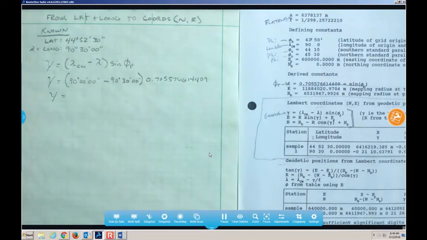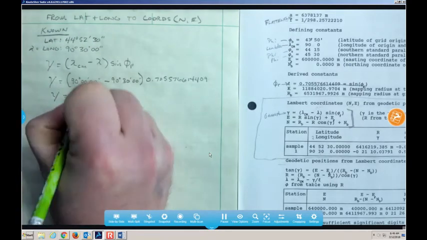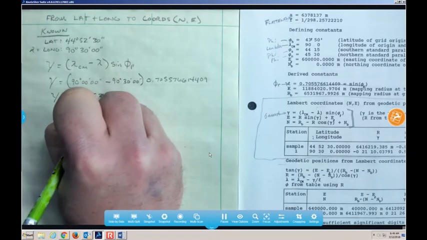Do we keep it negative? Yes, keep it negative. If the answer comes out negative, you keep it negative. You preserve the sign. So whoever gets the answer for gamma, let me know. In decimal? Sure, give it to me in decimal degrees. Negative 0.35278831.